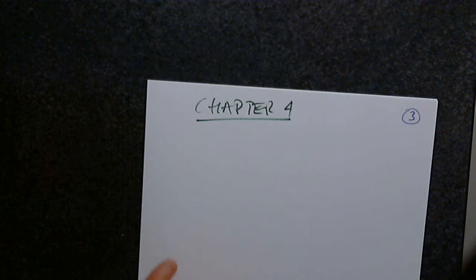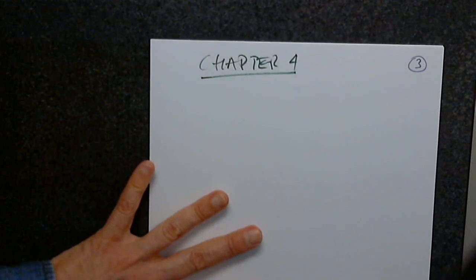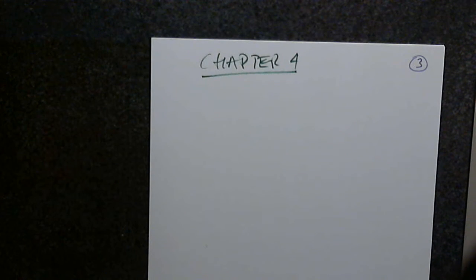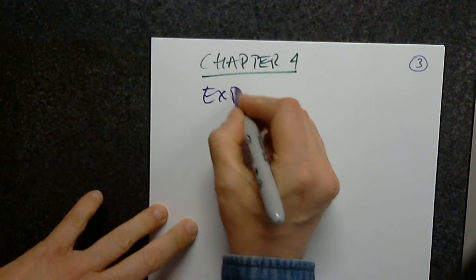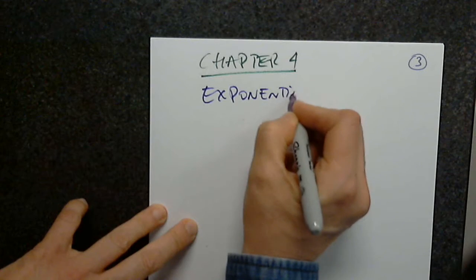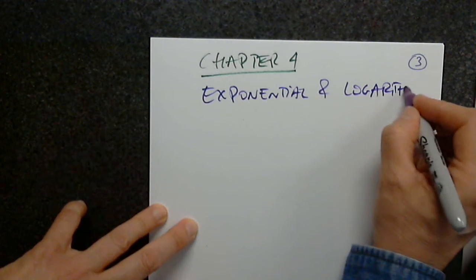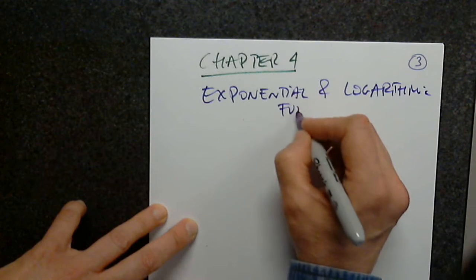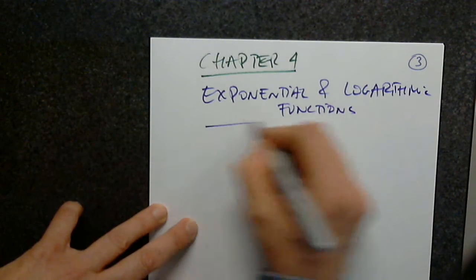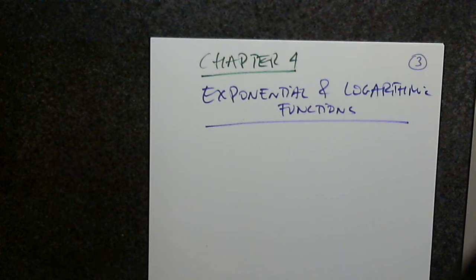Okay. In chapter 4, as I promised, 2 more functions, the last 2 functions for this semester: exponential and logarithmic functions. Why do we need more functions? Don't we have enough? Rational, radical, absolute value, polynomial, what else?